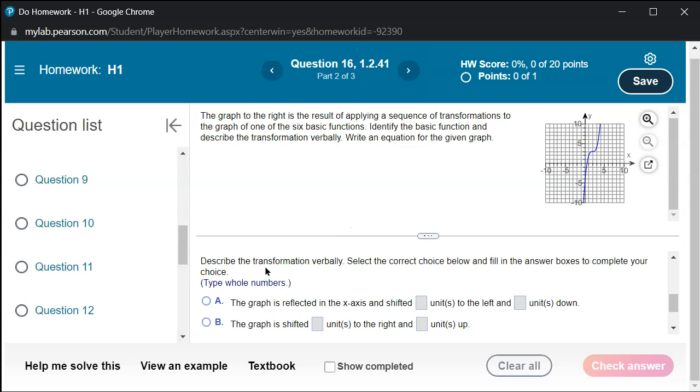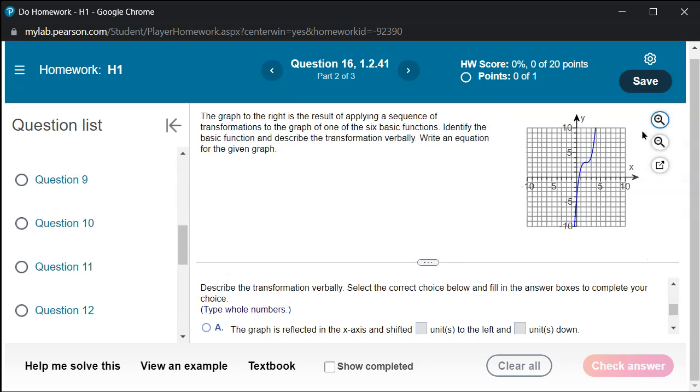Next, describe the transformation verbally. You can see if you make the picture bigger, this point, if you have just x cubed, would be sitting at the origin.